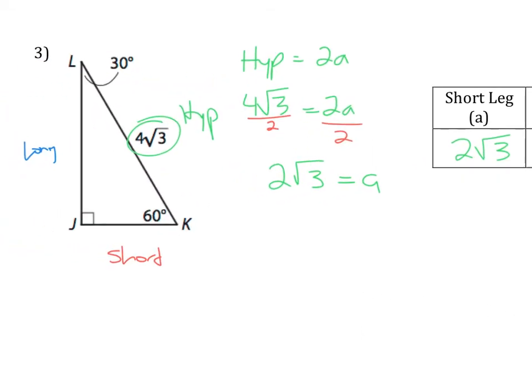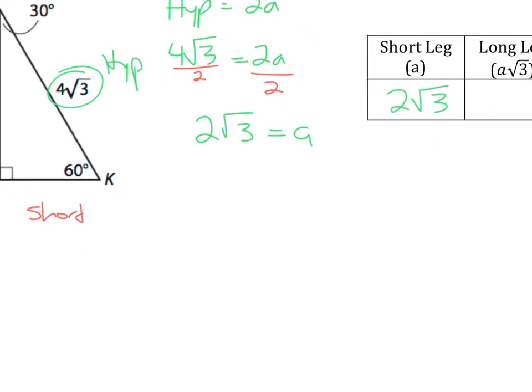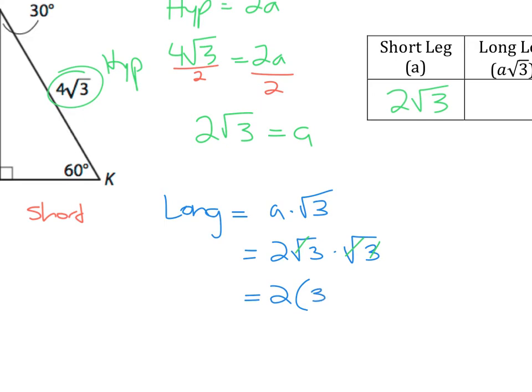And now our long leg is a times the square root of 3. So that would be 2 square root of 3 times square root of 3. Again, our square roots cancel, as do one of our 3's. So we're left with 2 times 3, which is 6.